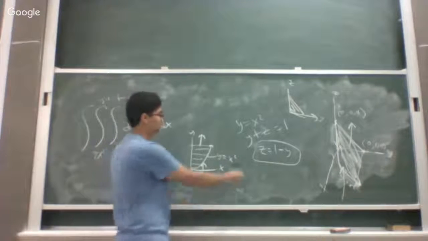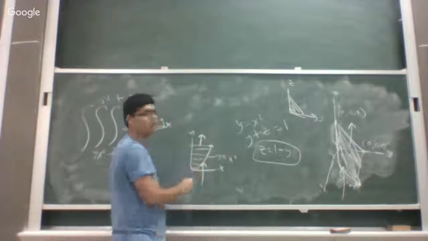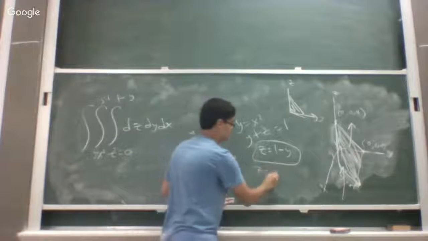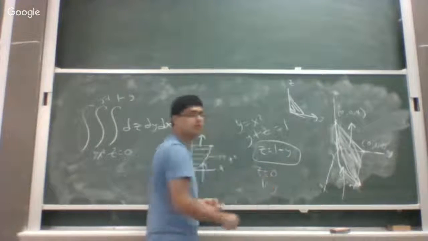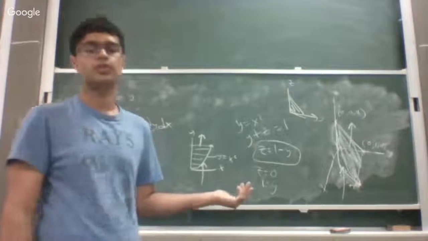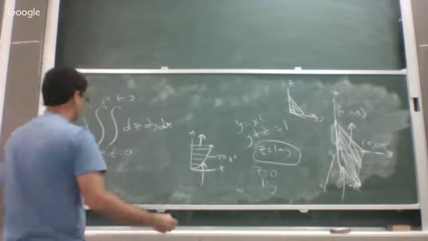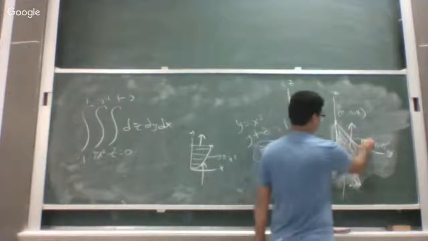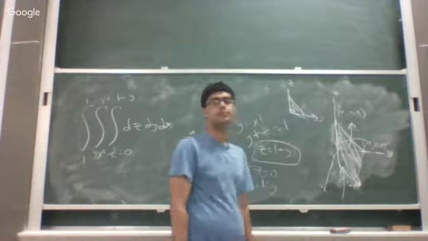You can get that because z is equal to 0 on the xy plane, so 1 is equal to y. And the limits for dx are -1 to 1 because this also extends behind.